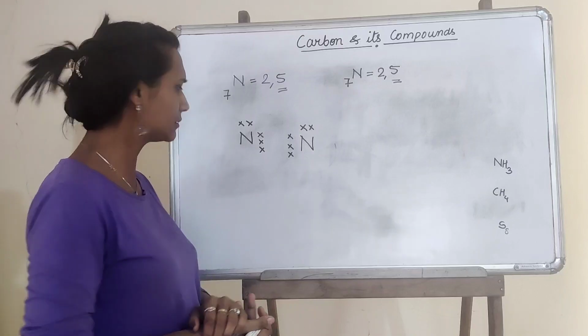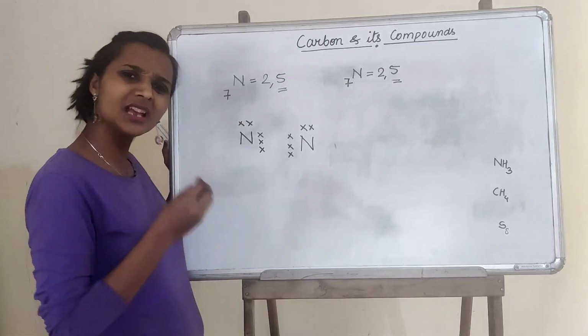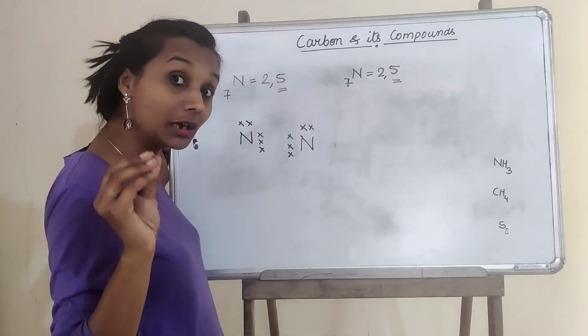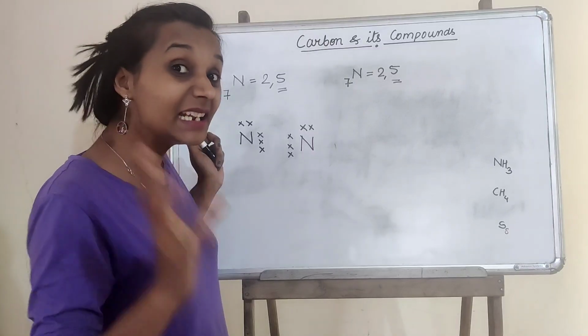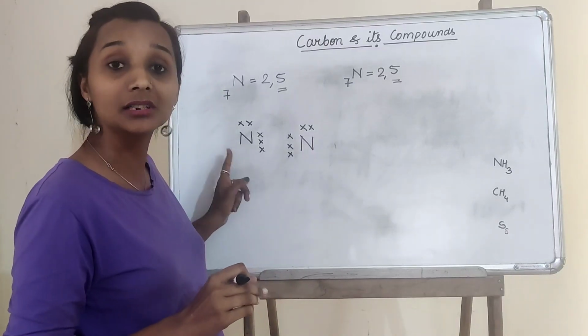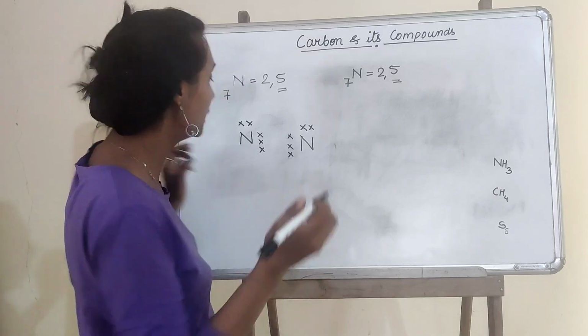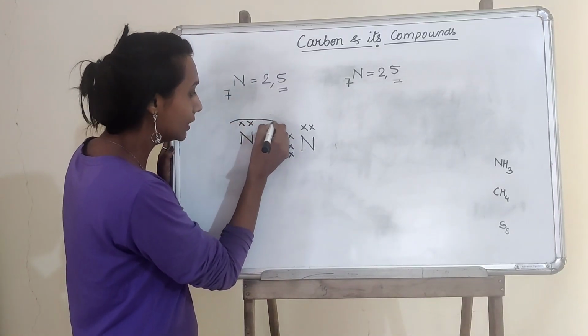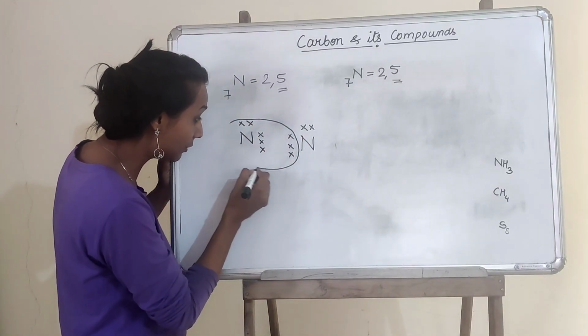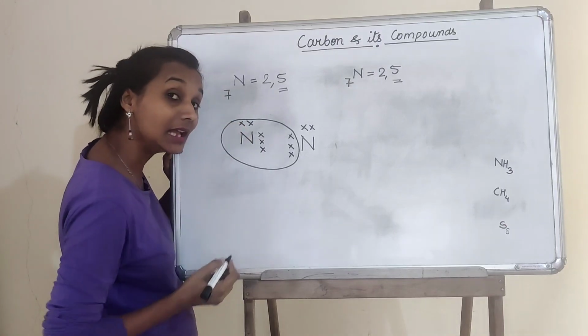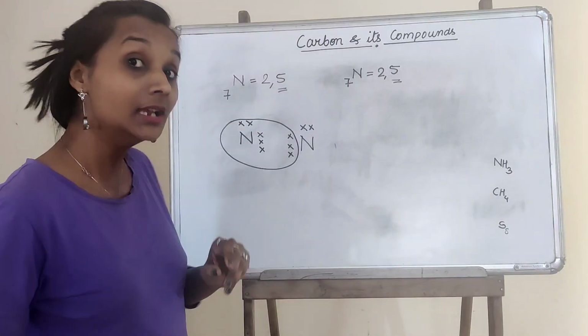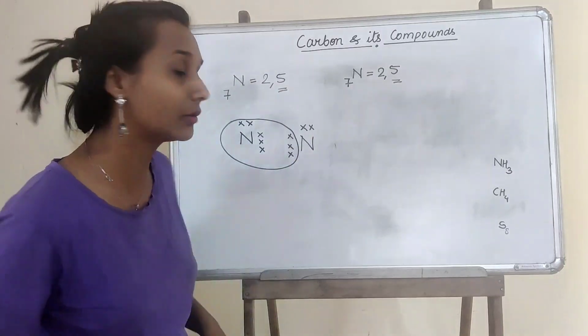Now, can you see, students? This nitrogen has only 5 electrons but it needs a total of 8 electrons to complete its octet. So how will it do this? It will take the help of another nitrogen atom. Now can you see there are a total of 8 electrons.